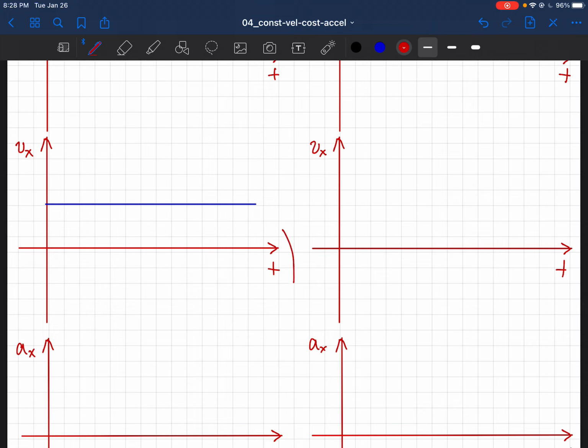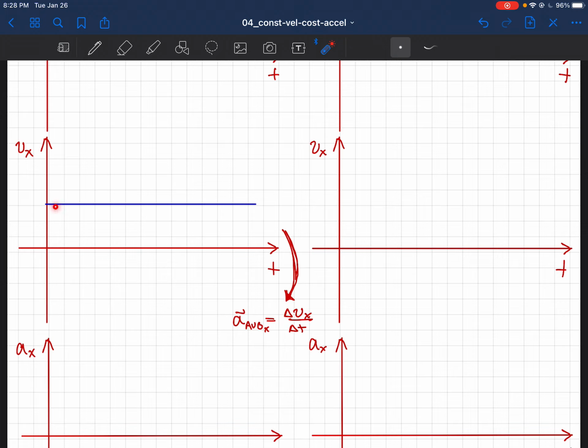Remember that in going from a velocity to an acceleration graph, we use the fact that the average acceleration is the change in the velocity over the change in time, meaning it's the slope of the velocity versus time graph. And for instantaneous, we look at this change in velocity at a particular moment on the graph, meaning we look at the tangent line.